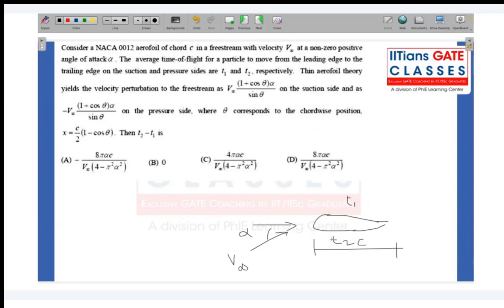And according to thin airfoil theory, the velocity perturbation of the free stream on the suction side and the pressure side, where theta corresponds to the chordwise position. So what they're telling us is that if I take any location on my top surface, they're saying these are the velocity perturbations of the free stream.